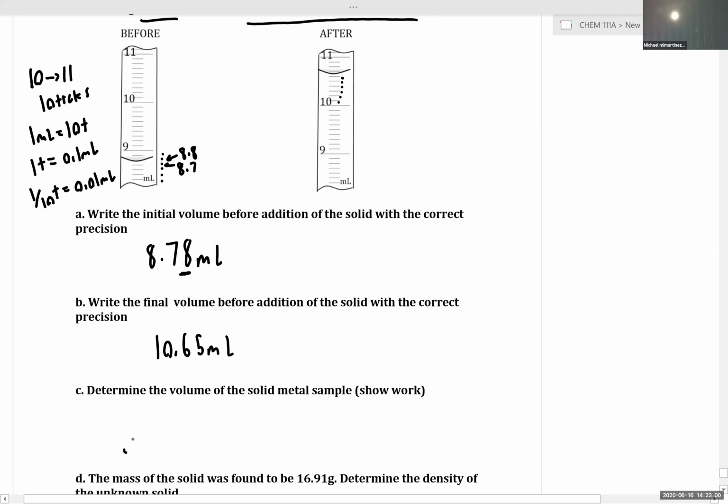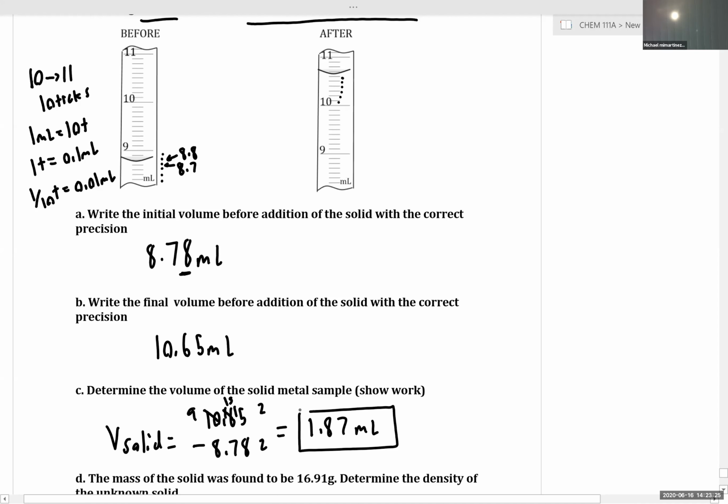The volume of the solid is the difference between our final and initial volume. So we take 10.65 minus 8.78. Both of these numbers have 2 decimal places, and that in turn gives us 1.87 milliliters, following the sig fig rules for subtraction, where we care about decimal places.